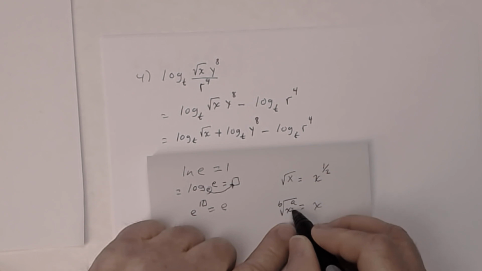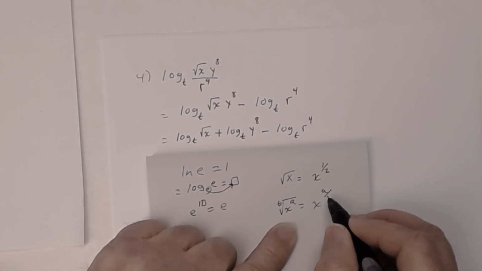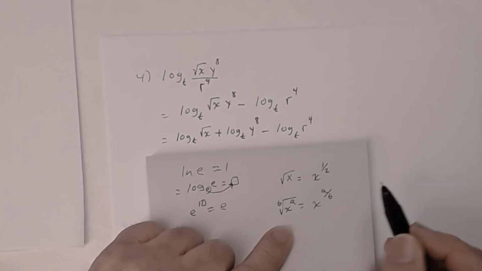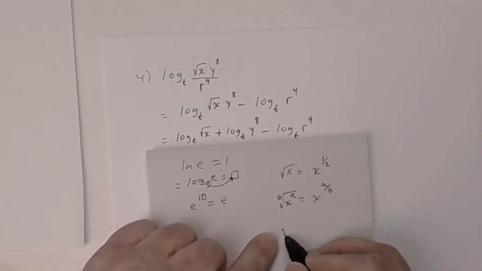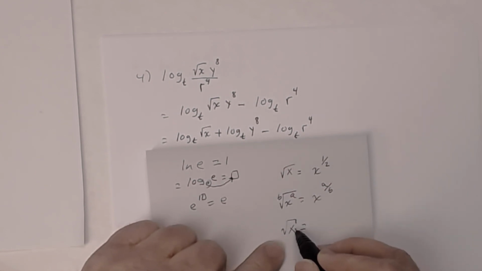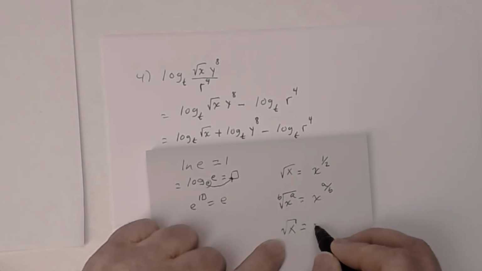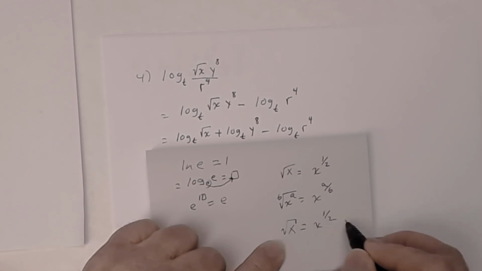I said numerator, I mean the exponent. So x raised to the exponent, which is a, divided by b. So when I look at this, the square root of x, the index here is understood to be a 2, because there's no number there. It's understood to be a square root. So this becomes x to the 1/2.